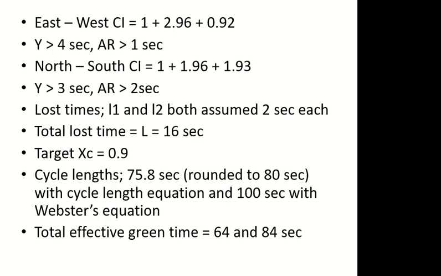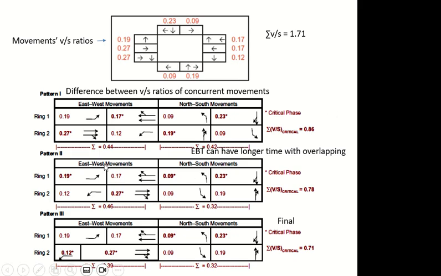Now I will divide this total effective green time into different phases. Going back to here, you remember these are my phases. I have these V by S ratios, and the total effective green time should be divided according to these ratios. Summation of these ratios is 0.71, remember. So you need to remember the V by S ratios, the phases, movements, and the total of them.